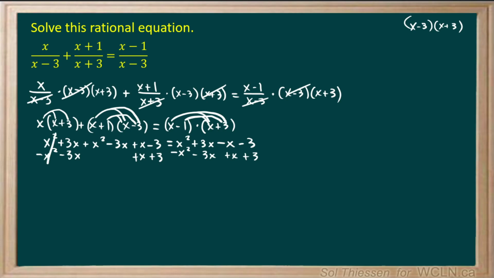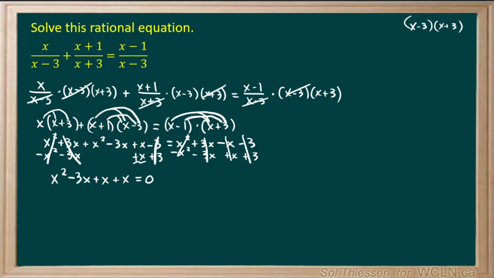So these x squareds will cancel, these 3x's will cancel, these positive 3's will cancel, and then of course on the right hand side everything cancels, and that's by design. So on the left we'll have x squared minus 3x plus another x, and that'll be equal to 0.